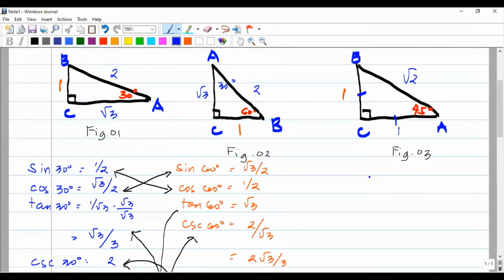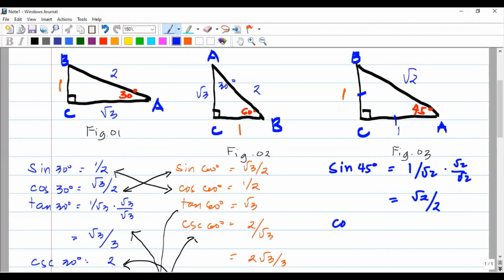So in our 45-degree angle, we have sine 45, which is opposite 1 over square root of 2 times square root of 2 over square root of 2, which is square root of 2 over 2.